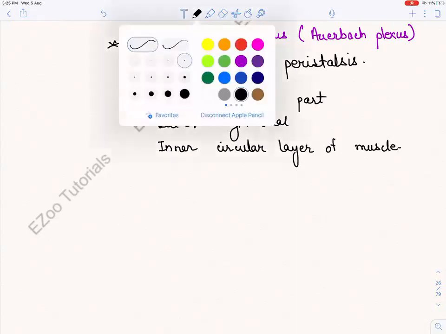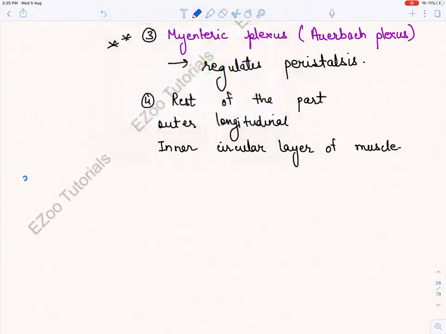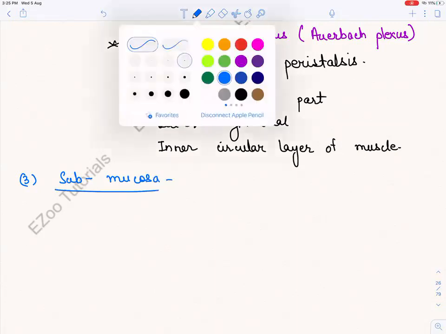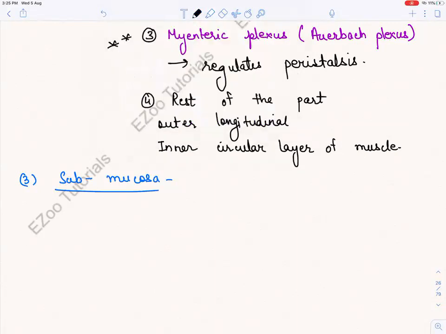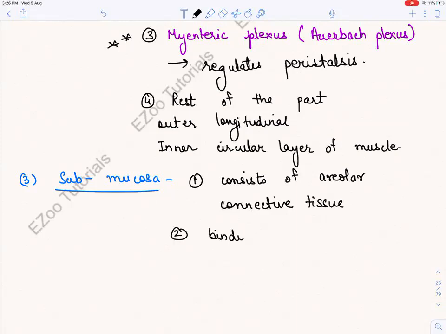Okay, now let us come to the submucosa. So submucosa is what? It consists of areolar connective tissue. And what is the purpose of this submucosa? It is binding the innermost mucosa to the muscularis.